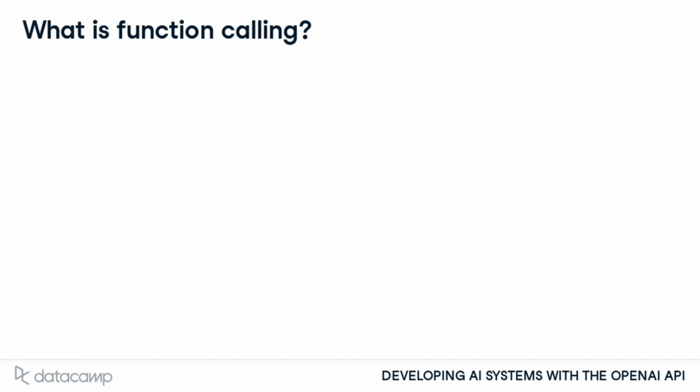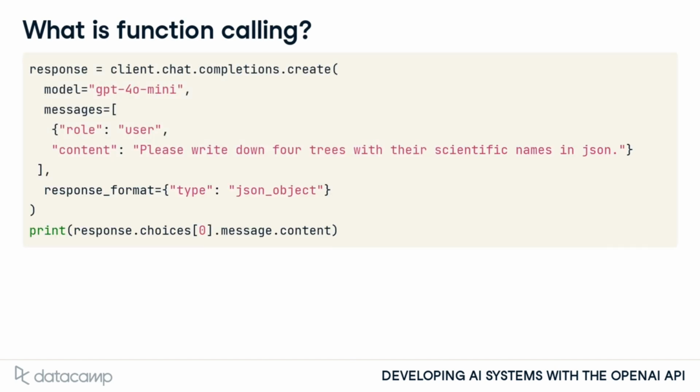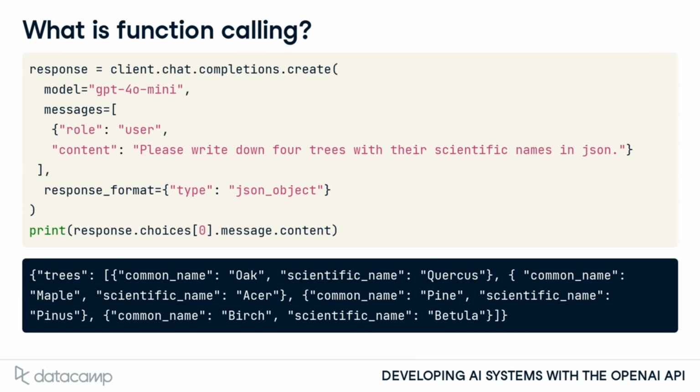So far, the way we've generated structured outputs has been to have the API generate JSON outputs by specifying the response type and passing a system message, such as in this example where we're asking to output scientific names of trees in JSON format.